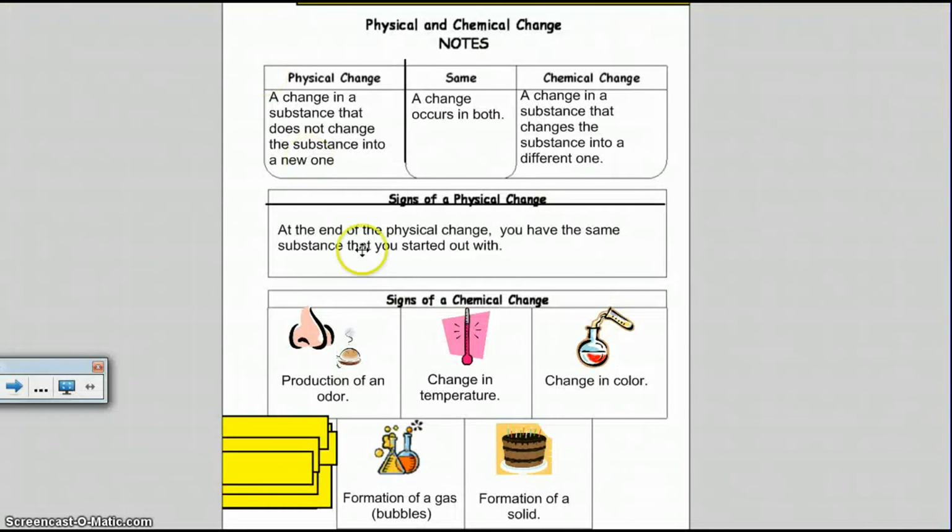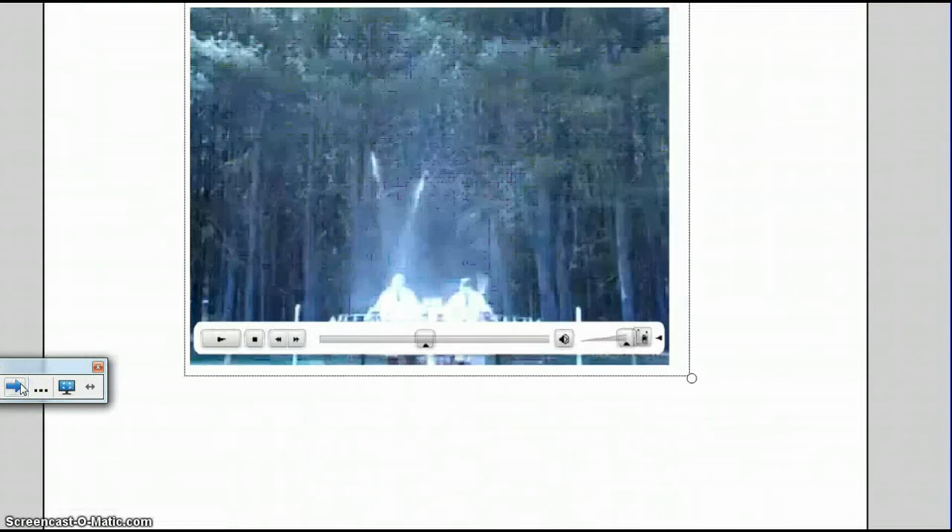Because, yeah, we could say that there is a formation of a gas. But we have to ask ourselves, was that gas there before? Okay, so was there carbon dioxide there before or not? And the answer is yes. Yes, there was. It was just dissolved in the Diet Coke. The Mentos just releases it faster.